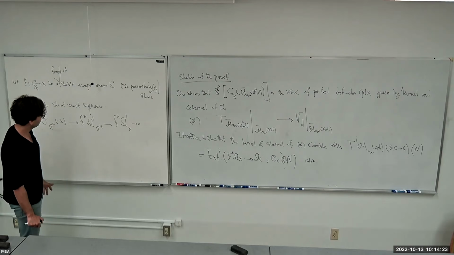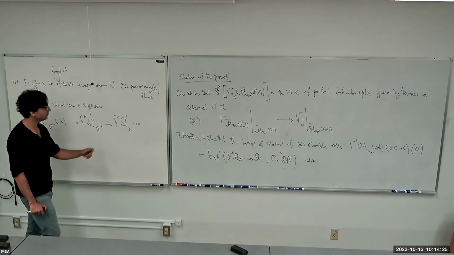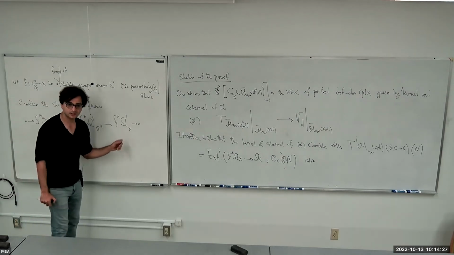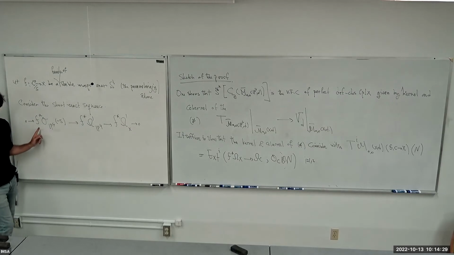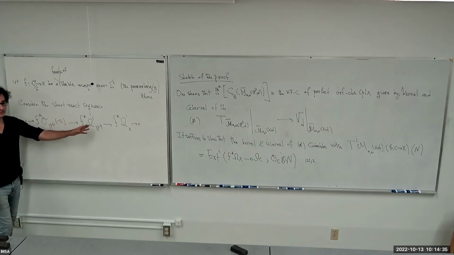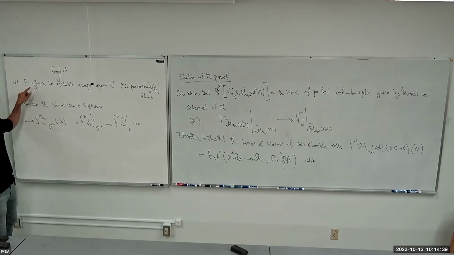The difference between the cotangent bundle of P4 and the cotangent bundle of X is the conormal bundle of X inside P4, and that's O(-5). This is basically the Euler sequence, and I take the Euler sequence and pull it back to the family, pull it back to C.